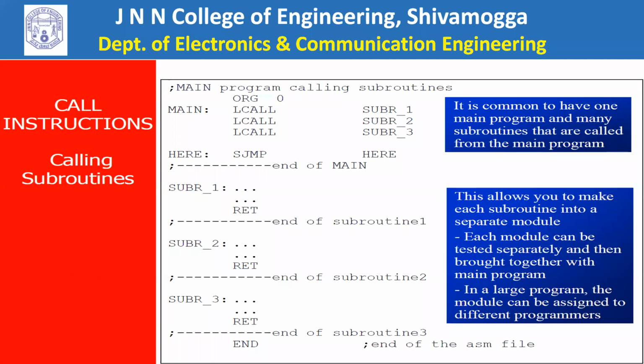This allows you to make each subroutine into a separate module. Each module can be tested separately and then brought together with the main program. In a large programming scenario, the modules can be assigned to different programmers.